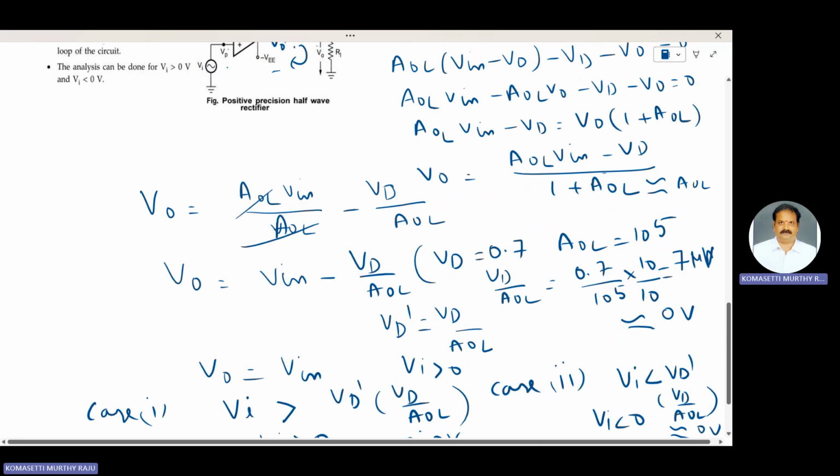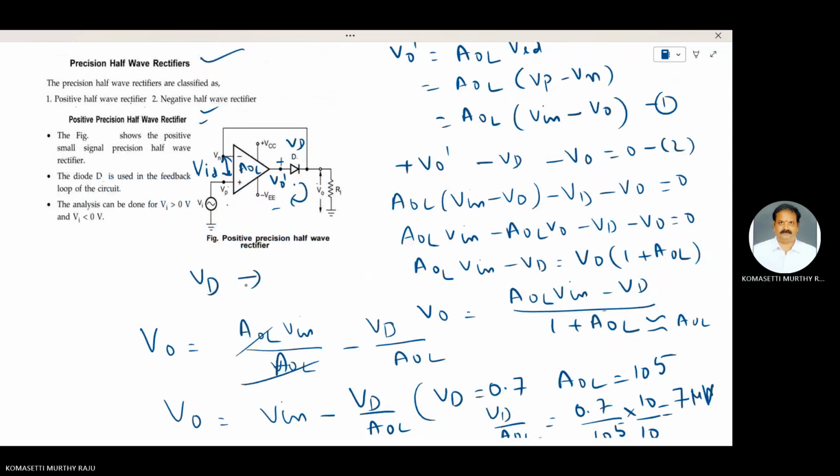The cut-in voltage is changed from VD, that of the conventional rectifier, to VD by AOL. To change this cut-in voltage from VD to VD by AOL, we use an op-amp and diodes. The diode D is put in a closed loop. Then only VD changes to VD by AOL.